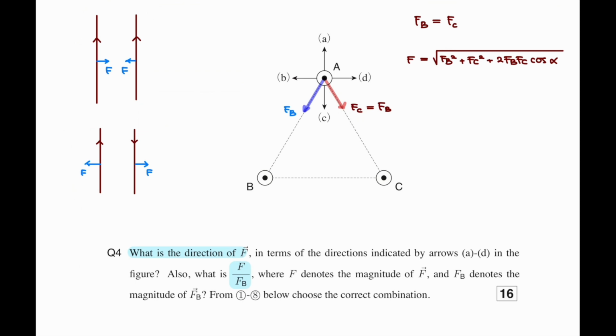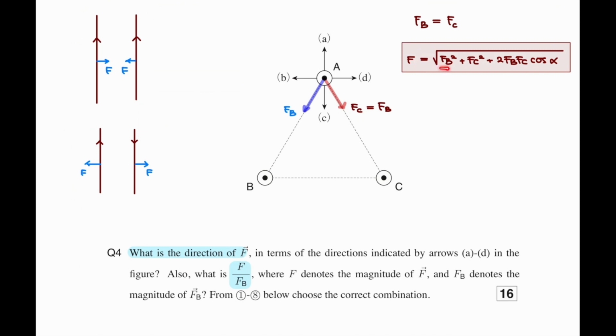This is the formula that we can use if the two forces make an angle alpha. This is the magnitude of the resultant force.